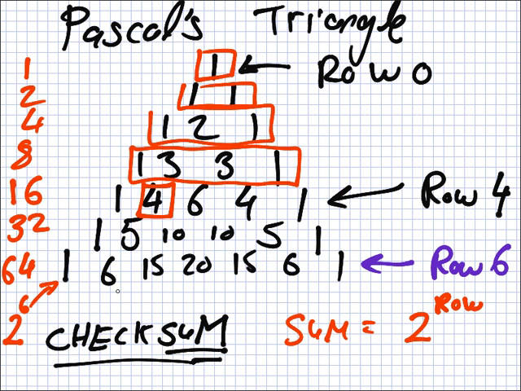Okay. Did you write that down? Yeah. So this is a way in the exam you can know if you did this right. Because sometimes in the exam they might say, draw Pascal's triangle up to row 6. Now if row 6 is right, then you know that row 5 must be right. And if row 5 was right, then it was only because row 4 was right, and so on.